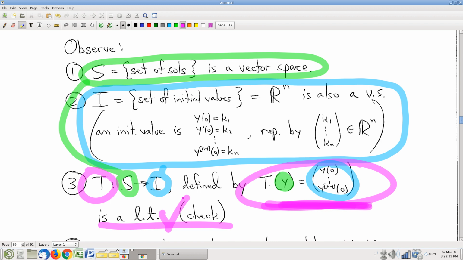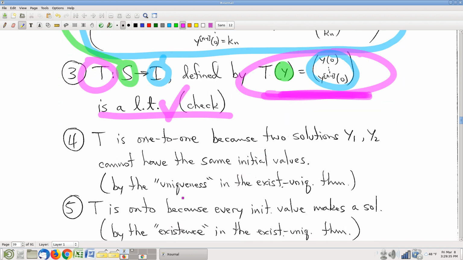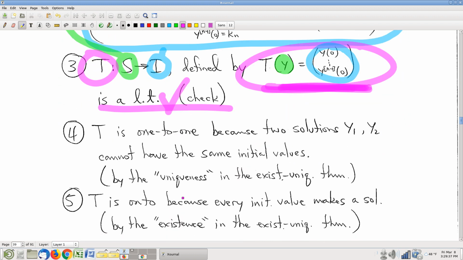And they are that this linear transformation T is 1-to-1 and onto. In other words, this T is a bijection. It's a perfect pairing. And why this is a perfect pairing is just a reference to another old fact, something that we've known for a long time. It's the existence and uniqueness theorem.